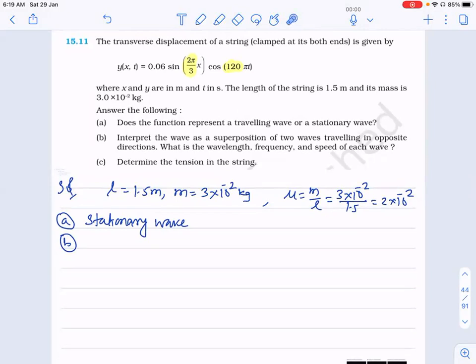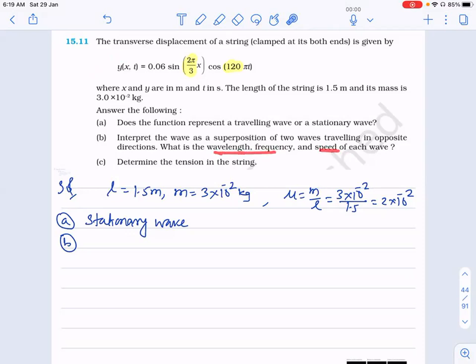Interpret the wave as a superposition of two waves traveling in opposite directions. What is the wavelength, frequency, and speed of each wave? The waves which are making this stationary wave. What is the wavelength of that wave? And frequency also, speed also.